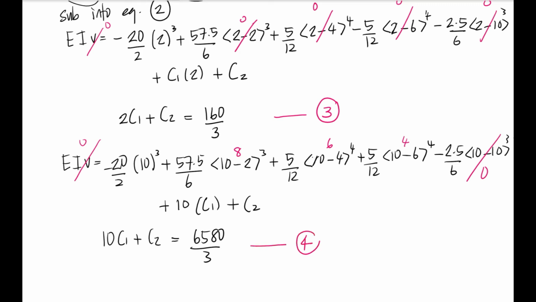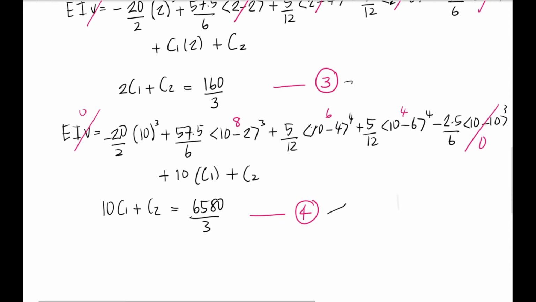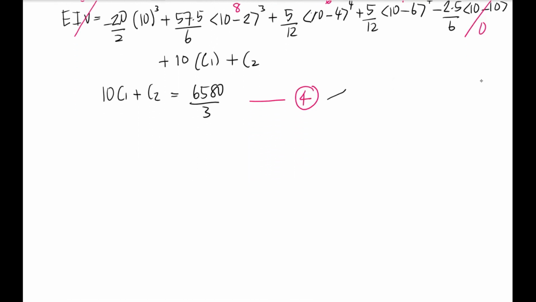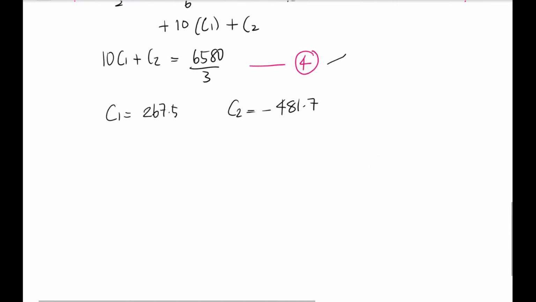Equation number 4. Then subtracting equation number 3 from 4, it will give C1 is equal to 267.5 and C2 equal to negative 481.7. Thus we rewrite again the slope and deflection equation.